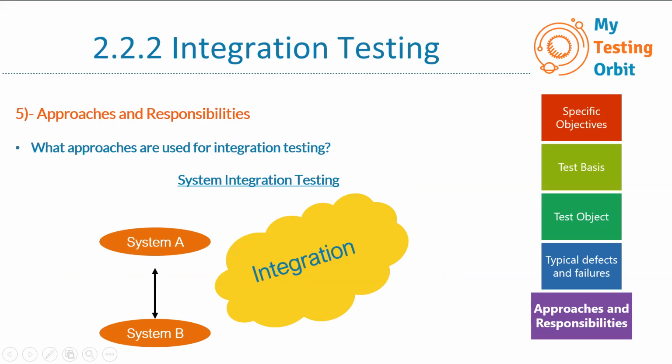So yes, we have to perform system integration testing after system testing. Or in a few cases, if there are multiple systems and we have already tested and integrated system A and B, there are a few activities we can do in parallel in terms of system integration testing while we are still testing the functionality of system C. So in a few cases it can be a parallel activity as well, depending on the hierarchy of all the systems involved.